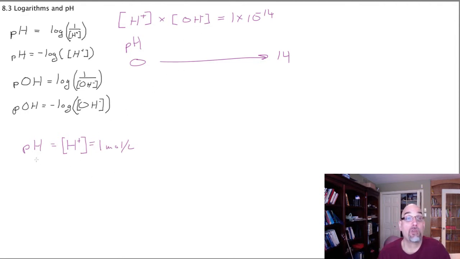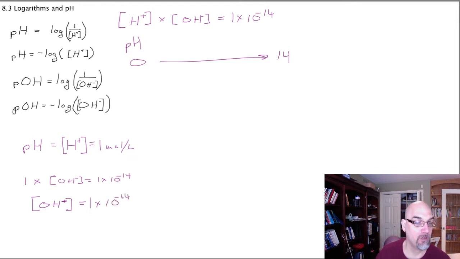And I know from my formula up here that if I have an H equal to 1, then my OH is going to be equal to, well, I know from my formula that 1 times OH has to equal 1 times 10 to the -14. Divide both sides by 1, and my OH is simply 1 times 10 to the -14.